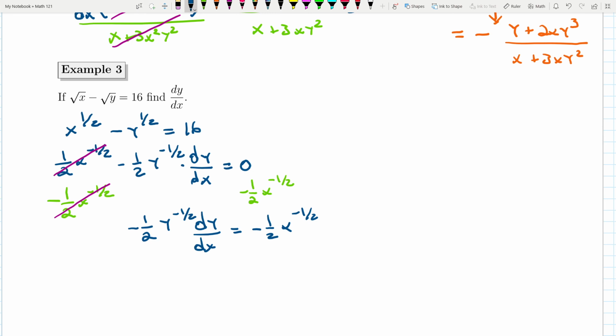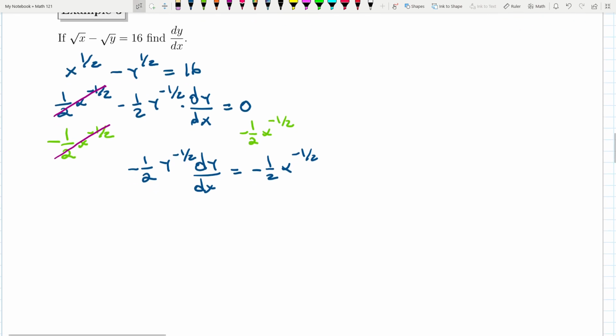Now, here is where things get a little bit tricky. I think I'd rather get rid of two things at the same time: the fractions, the 1/2, and the negative. So in order to do that, I'm going to multiply both sides by -2. In this case, that's going to leave us with y to the negative 1/2 dy dx equals x to the negative 1/2.